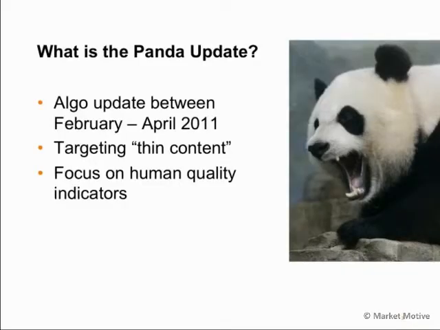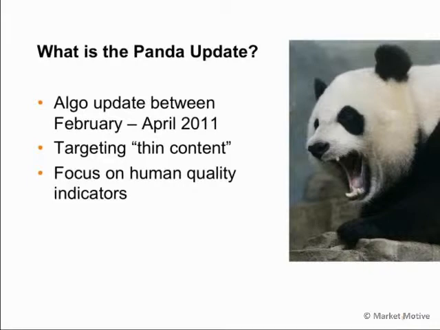So first off, what is the Panda update? Well, it was a major algorithm update that affected around 12% of sites according to Google, and it was intended to crack down on content farms. A content farm is a site with thin content, a publishing site, and a lot of advertisement most times.